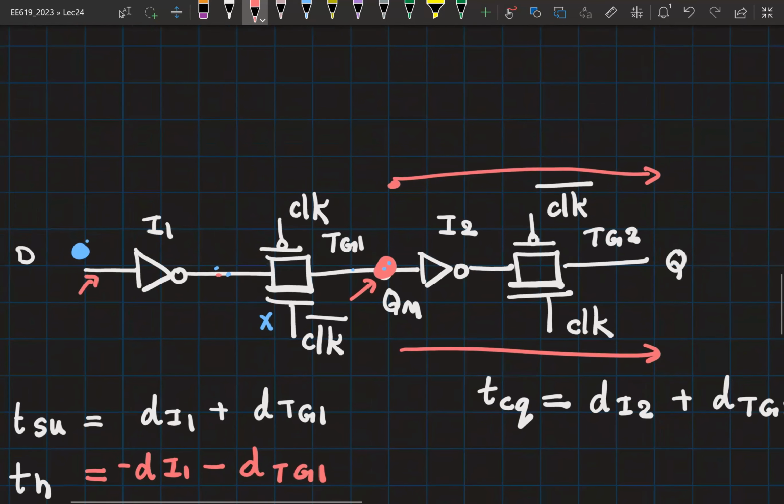Is L1 transparent or opaque here? So L1 is opaque, L2 is transparent. Here L1 is transparent, L2 is opaque. So now we will analyze this circuit during the overlap and see if some issue is going to happen in our flip-flop compared to its regular operation.